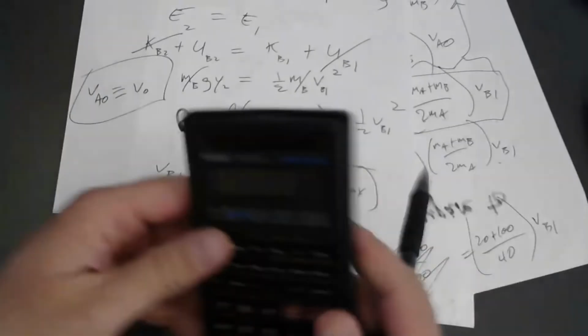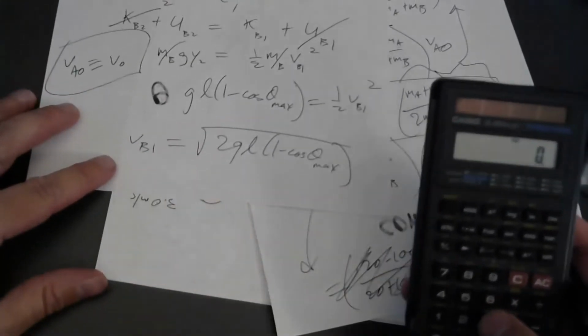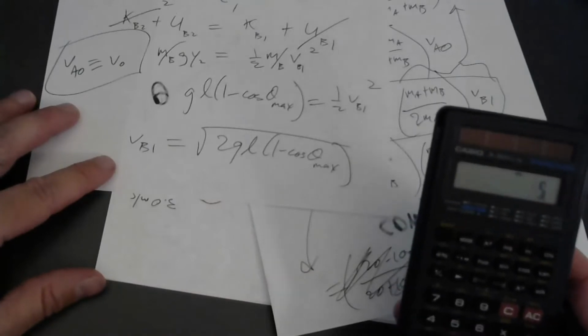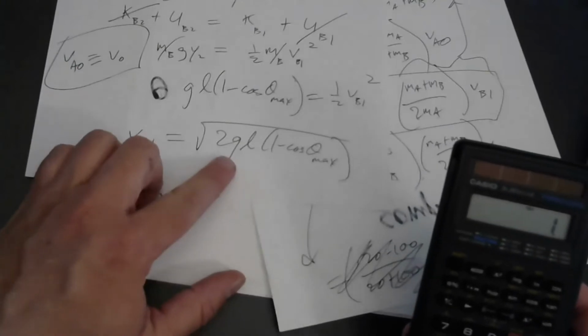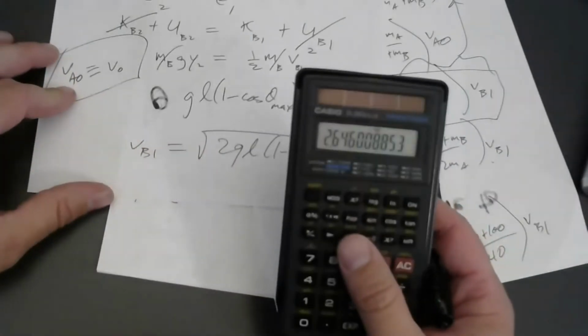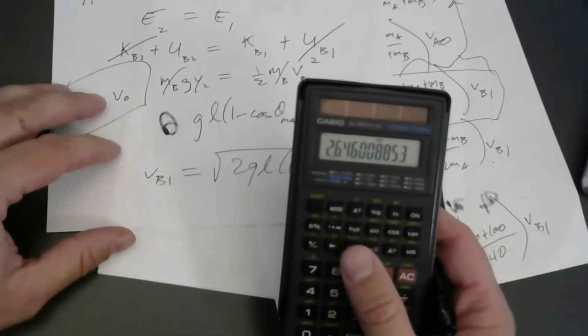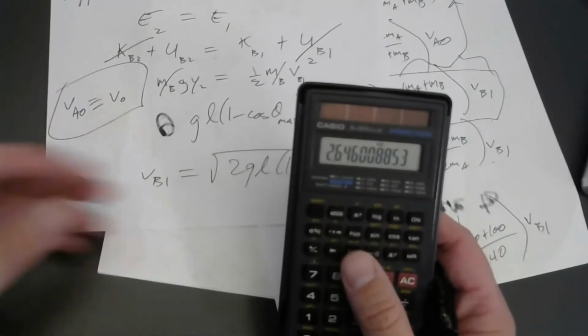So let me do that real quick. We're told that the max angle is 50 degrees. So I'm going to say 1 minus cosine of 50. I hit equals first. Then I multiply by the 1 meter by 9.8 times 2, hit equals, take the square root. And it looks like this is how fast the massive ball, the 100 gram ball, was going just as it started its upward swing.